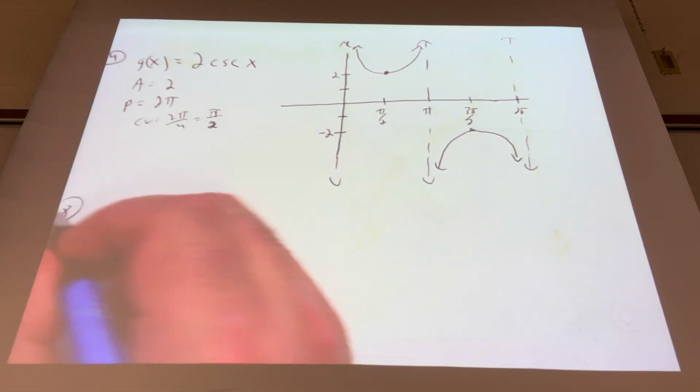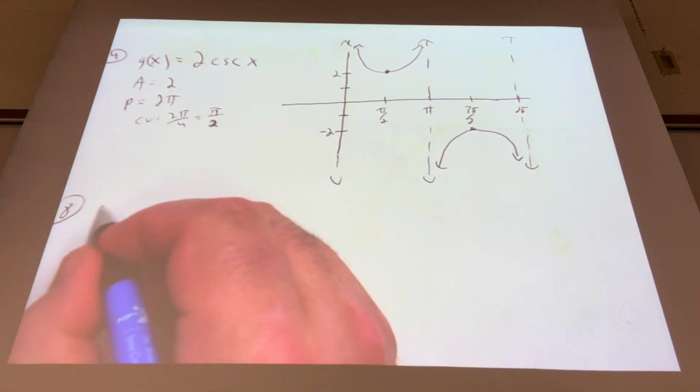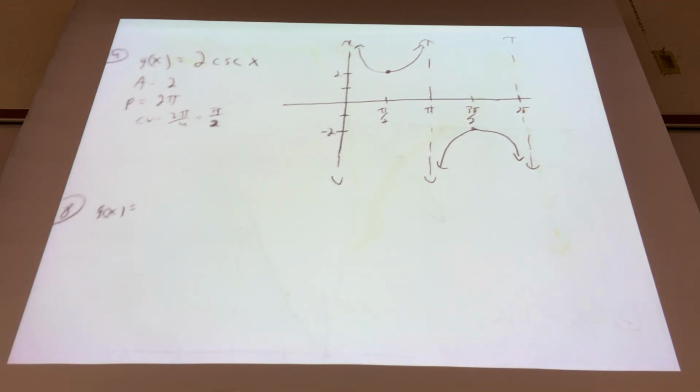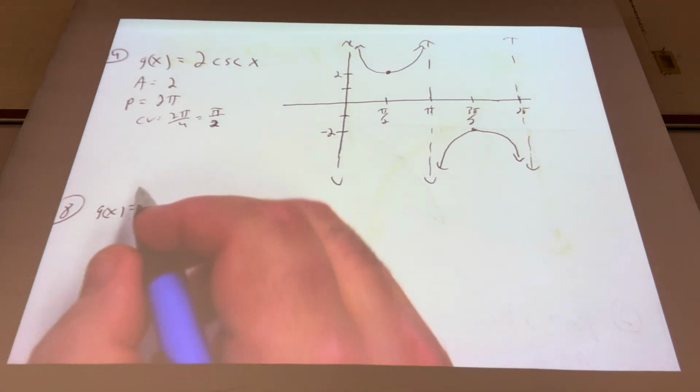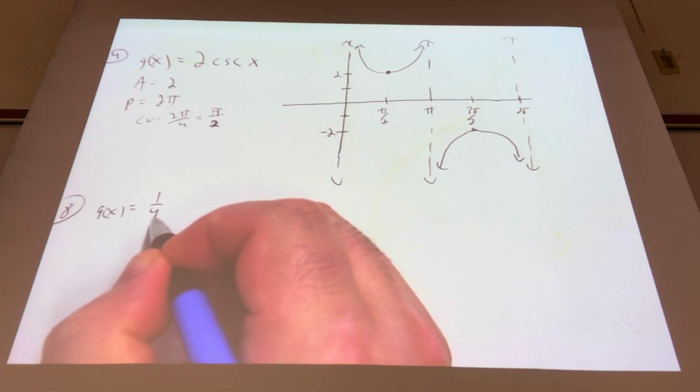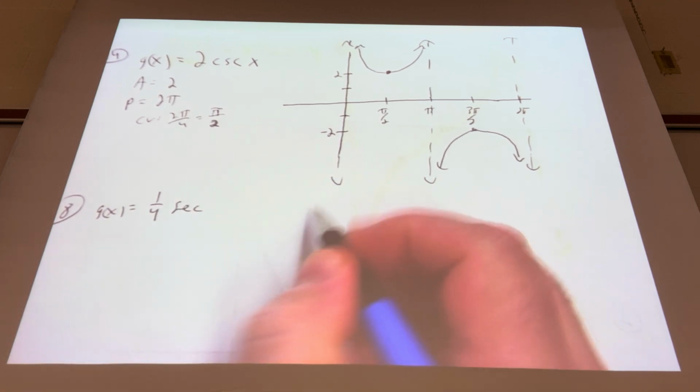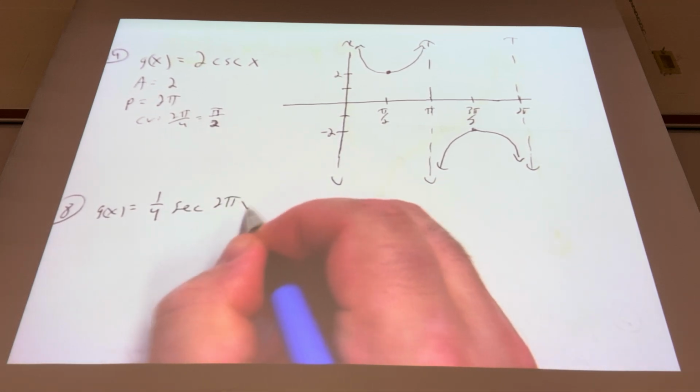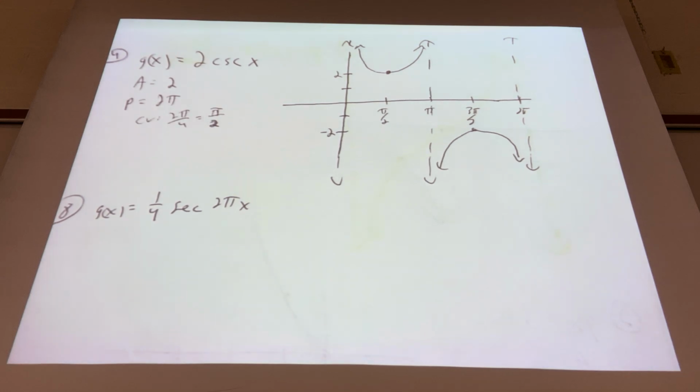18. 18 just looks like a fun one. g of x equals, here they go, 1/4 secant of 2 pi x. Now, here's the nice part about us graphing by hand and not with a calculator.